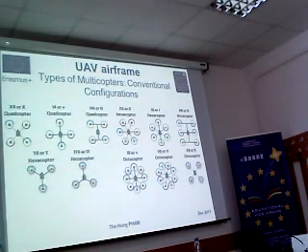And for the hexacopter, we have this one configuration, the X. So the X, the head is between the two arms, and in the plus the head is along the arms.